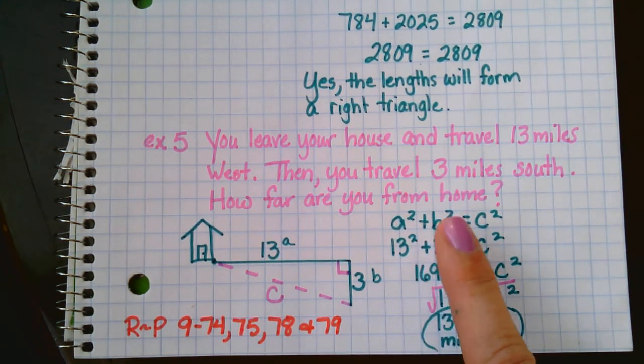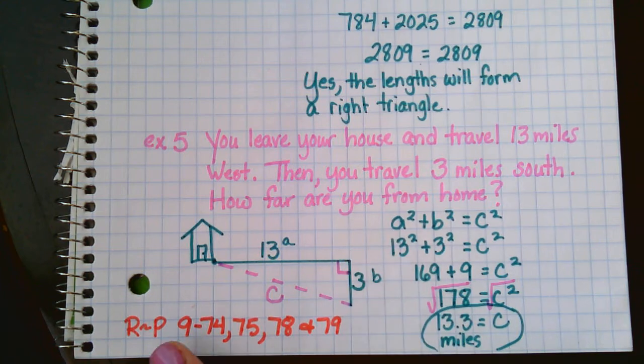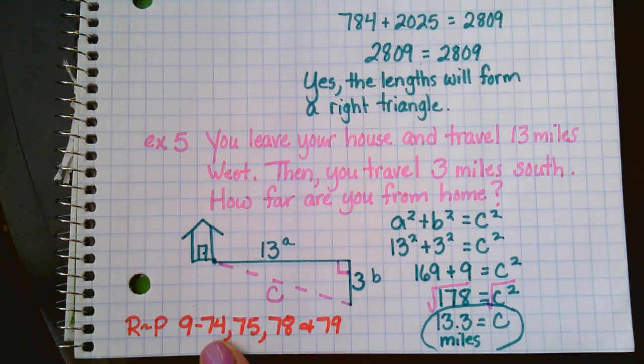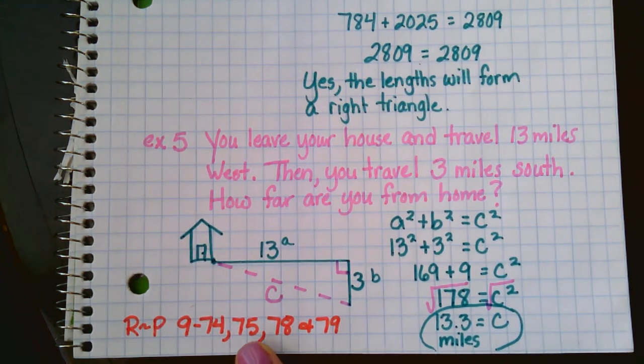Okay, that was our last example problem for this lesson, 922. So you are done with your math for today. Tomorrow's assignment will be to complete review preview problems 9-74, 75, 78, and 79. I know you thought the lesson was over, but it's not.